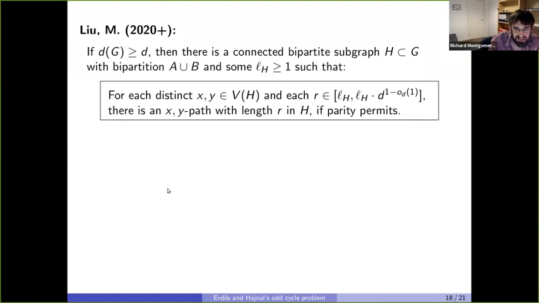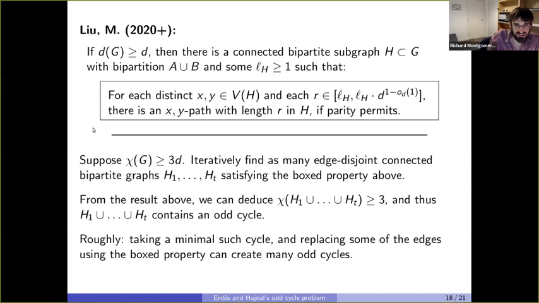So this again just repeats the slightly more technical result I had on the last slide. So using this result, what we do is iteratively pull out as many edge disjoint connected bipartite graphs, H of I, which satisfy this box property. So it's really easy to connect vertices with lots of different paths.